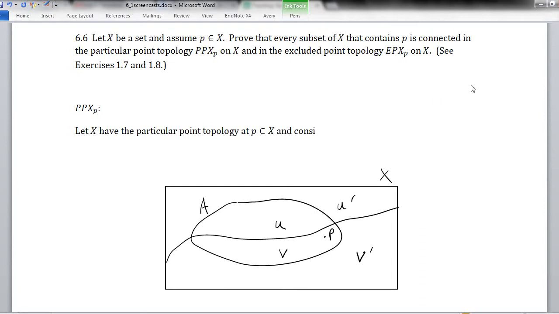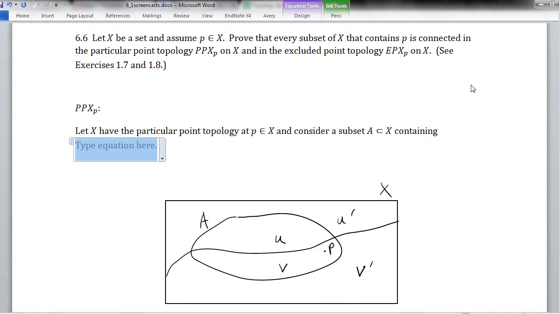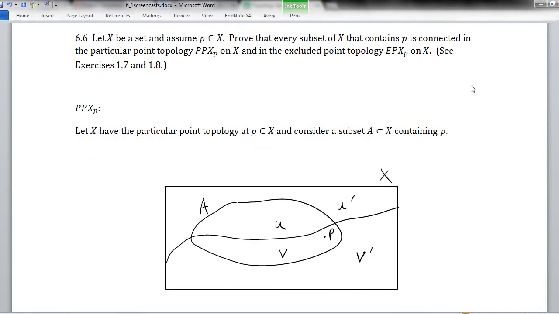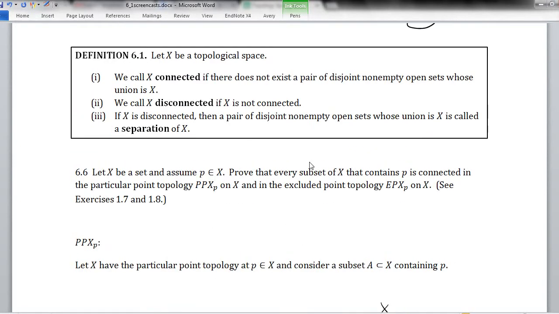So let's consider a subset A in X, and we can assume that it contains P. Now, to show that this is connected, I am going to suppose I have a pair of non-empty open sets whose union is A, and I'm going to prove then that they cannot be disjoint. Therefore, there's no separation of A, therefore A is connected.